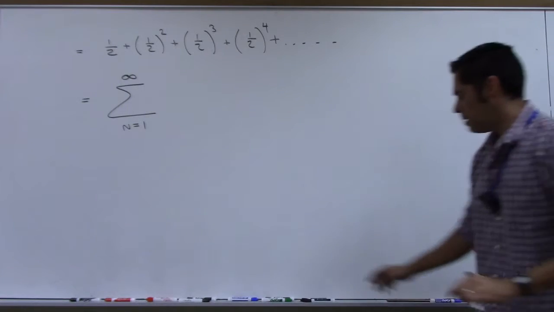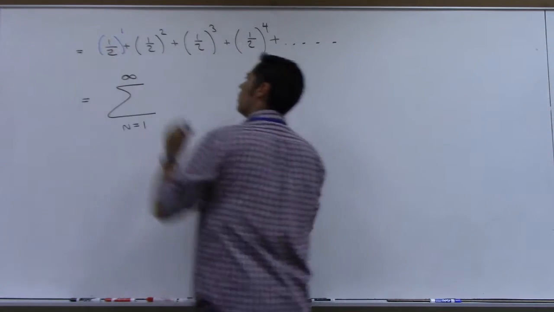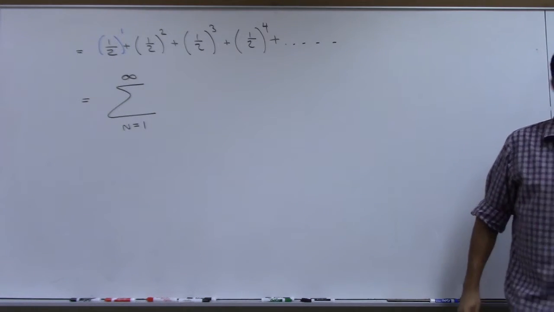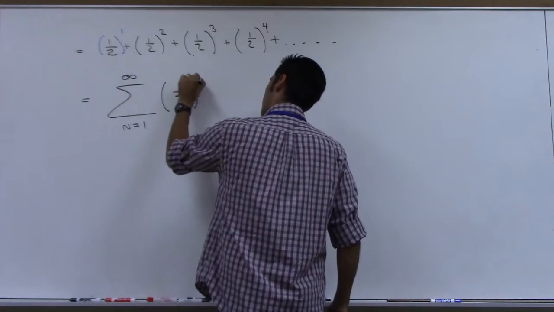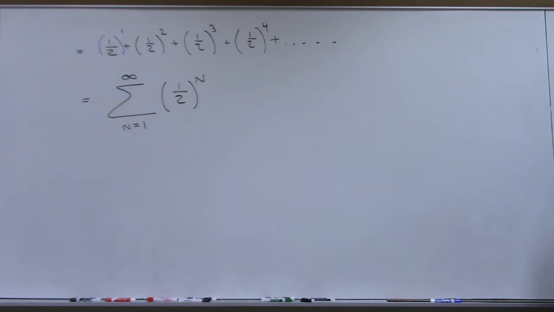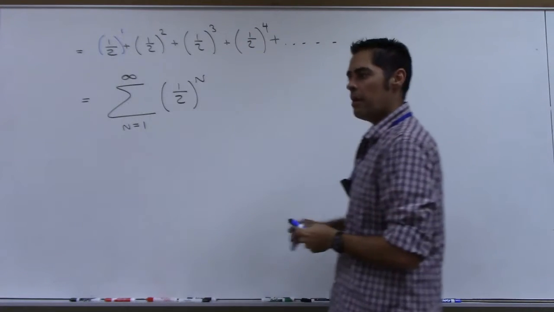What are those powers up there? Isn't this just 1/2 to the n? Is that okay so far? You plug in 1, you get 1/2. Plug in 2, you get 1/2 squared, and keep doing that forever.